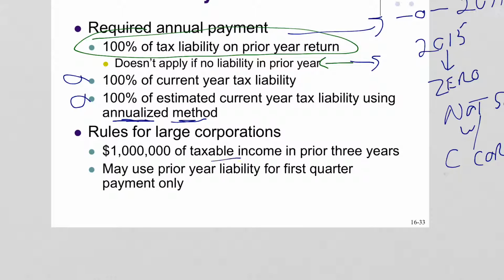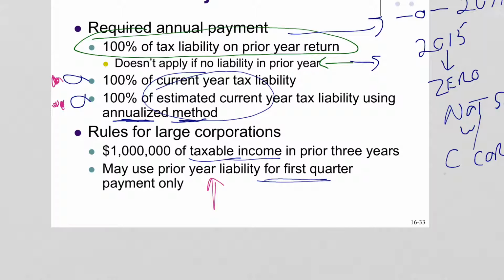If they've been running that kind of taxable income, and in today's world that's not that much, they may use only the prior liability for the first quarter only. Then they wind up having to go to current year. So in essence, for any corporation making any decent amount of money, you wind up having to use only these two as your calculations for estimated tax payments, because you can't rely on the prior year liability the rest of the way.